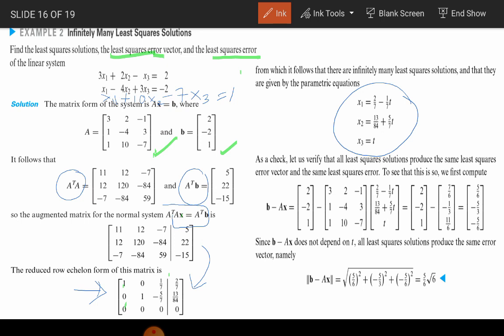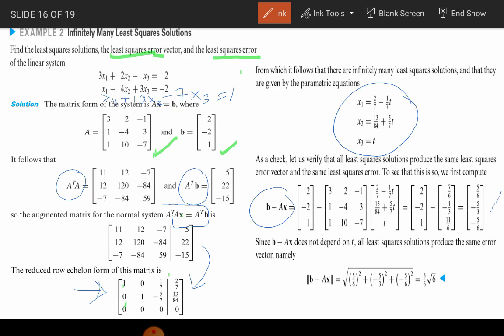Let's check. Let us verify that all the least square solutions produce the same least square error vector and the same least square error. To see that it is so, we first compute b minus ax. When you compute b minus ax, you will get this value.